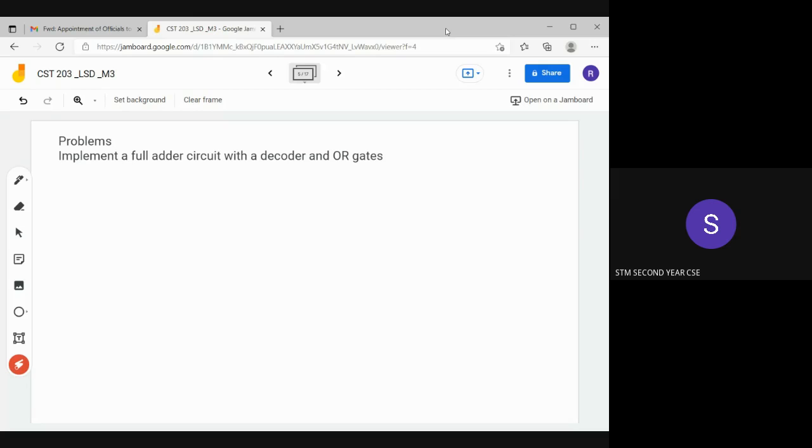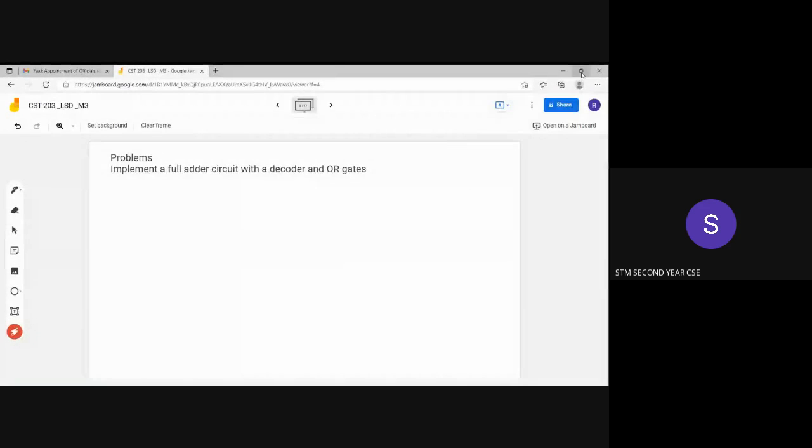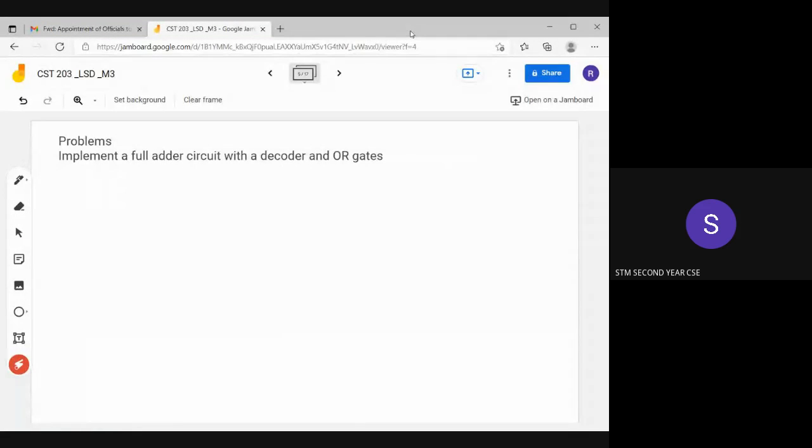Okay. Now we need to design a full adder using this decoder. To design a combinational circuit, we need to understand the problem. The problem is this one. We need to design a full adder. Next we need to identify the inputs. Here, we already studied that there are three inputs.